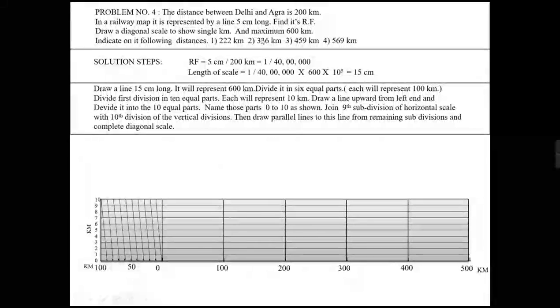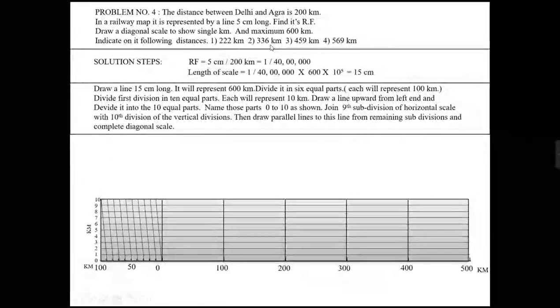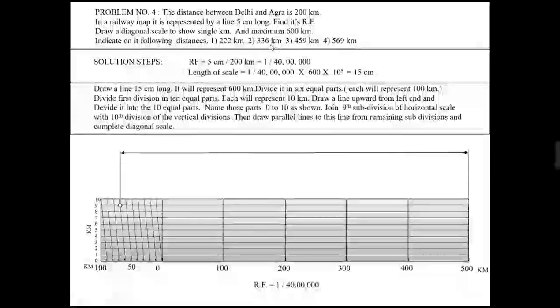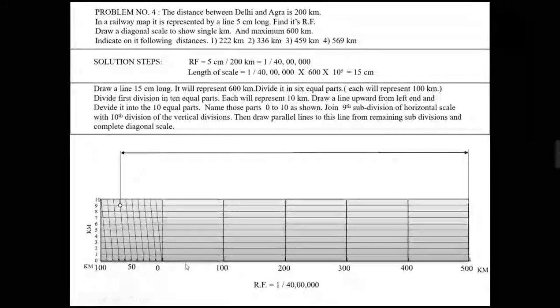After that, in the question, it has asked to show a distance of 222 kilometers. First of all, it is showing the distance of 569 kilometers. So 500 kilometers you can measure from here. Then it is 60 kilometers, so 60 kilometers you can measure from here, 1, 2, 3, 4, 5 and 6. Then it is 9 kilometers.